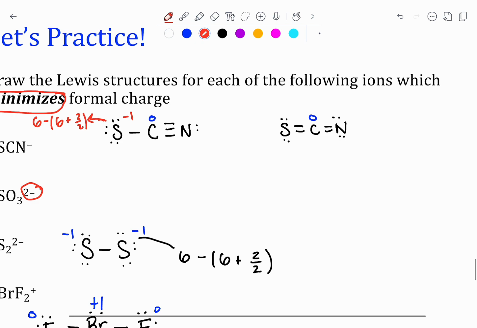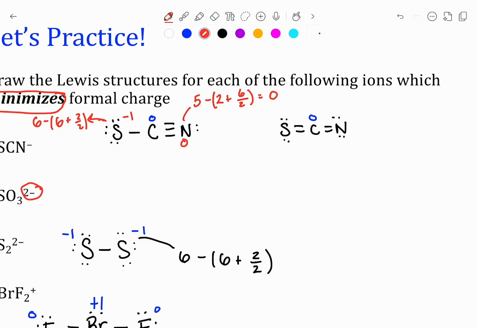The nitrogen over here has 5 valence electrons, 2 electrons in lone pairs, 6 electrons in bonds divided by 2, for a formal charge of 0.